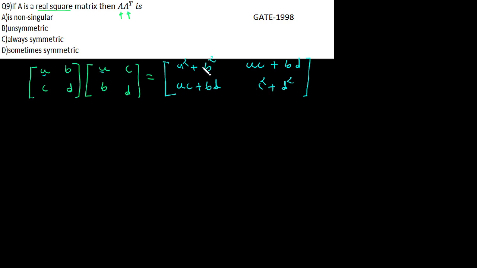Now you can compare. The entries on the opposite sides of the diagonal are the same. Here AC plus BD, here you also get AC plus BD. So it is the property of a symmetric matrix. You can also take the transpose of this matrix. So what we are getting after taking the transpose is A square plus B square, AC plus BD, AC plus BD, and here C square plus D square.